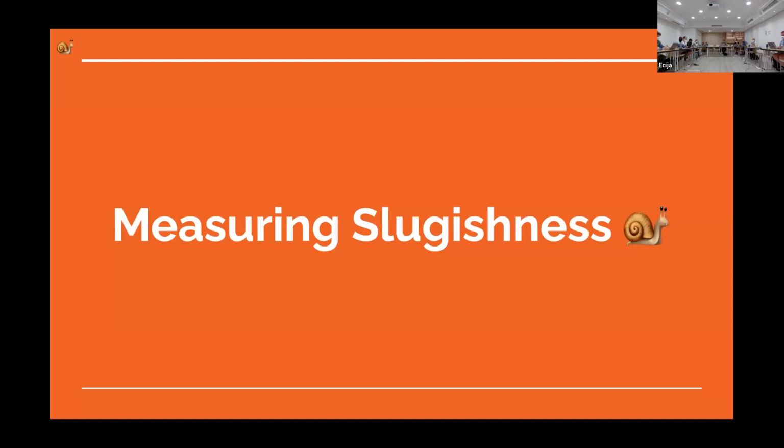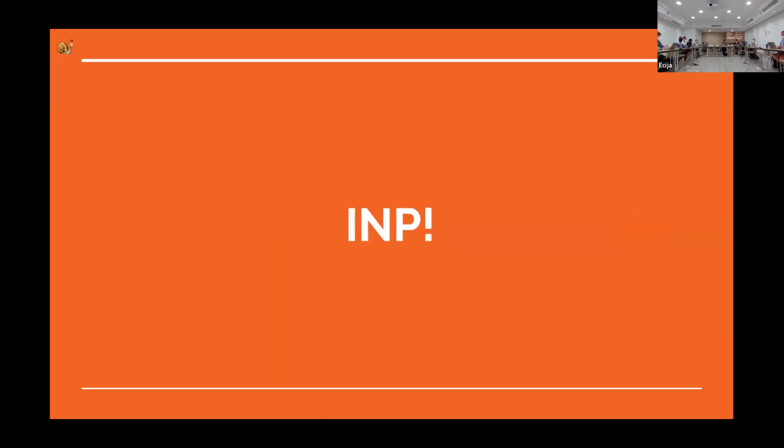So we want to measure sluggishness. So great, we have INP. We talked about this yesterday. We can measure regressions in responsiveness with INP, seeing what's the worst interaction, the time between interaction and paint.